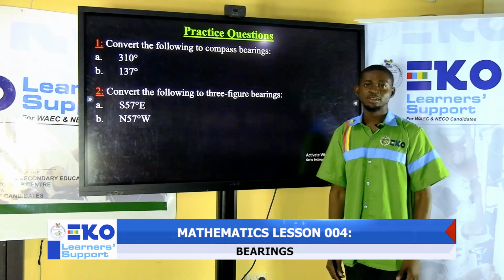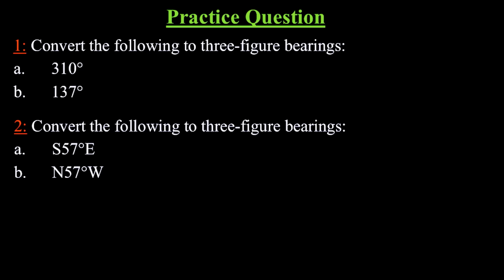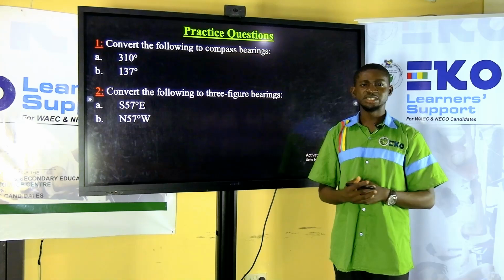Good. Now I leave you with these practice questions. The first one, you have to convert the 3-figure bearing to compass bearing, while the second one, you have to convert the following to 3 figures bearing. All right, in 2 or 3 minutes, you pause and take the exercise.